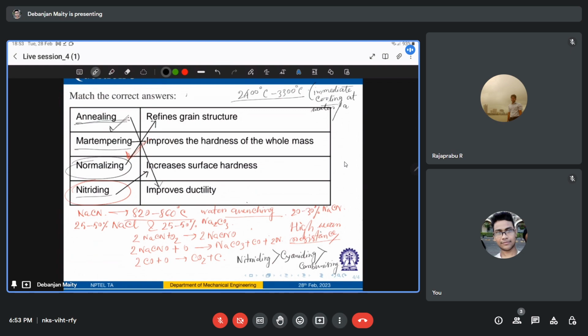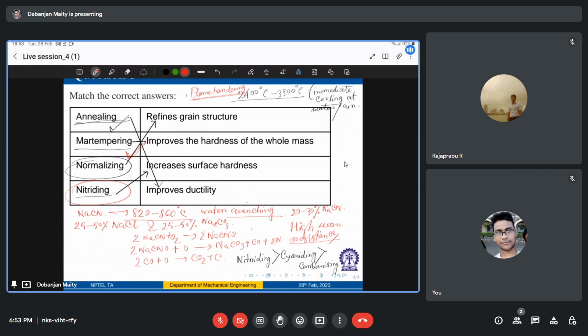So this I am talking about for the flame hardening process. You get the temperature, and then you do the cooling in air or water. Heat can be supplied by an oxyacetylene torch, like in gas welding.